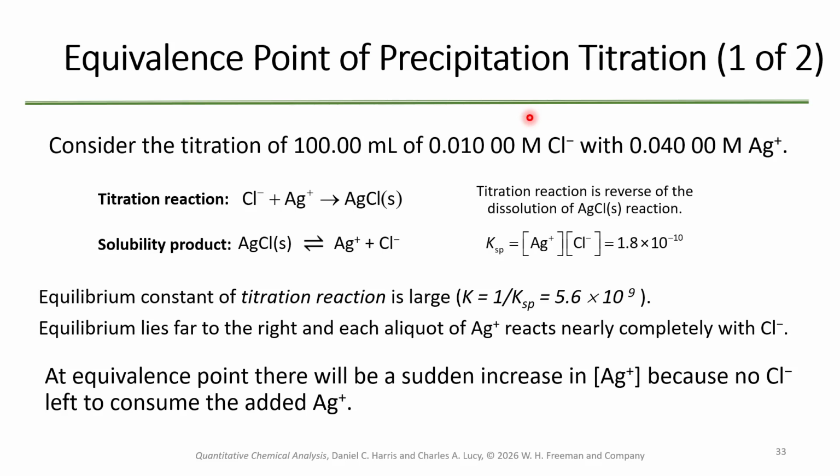And so if we look at this Ksp right here, this titration reaction is actually the reverse of this dissolution, where the Ksp is 1.8 times 10 to the negative 10. So our equilibrium constant for this would be extremely large, right?